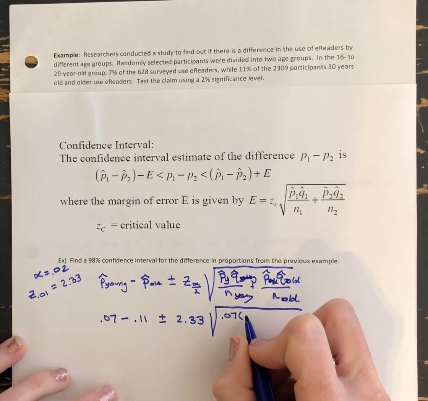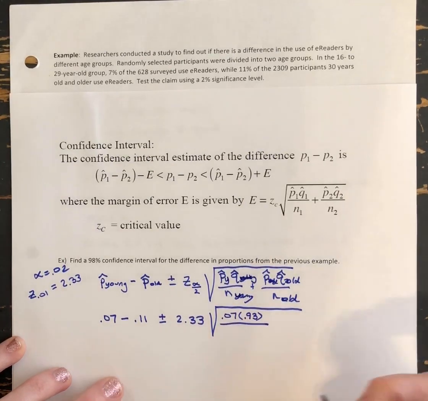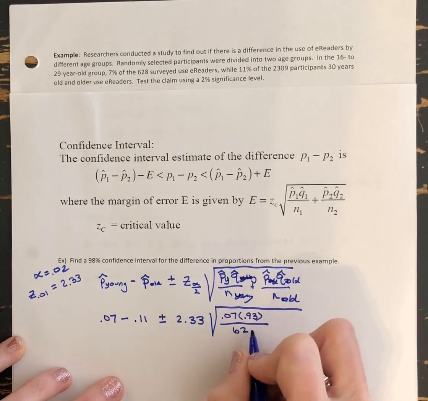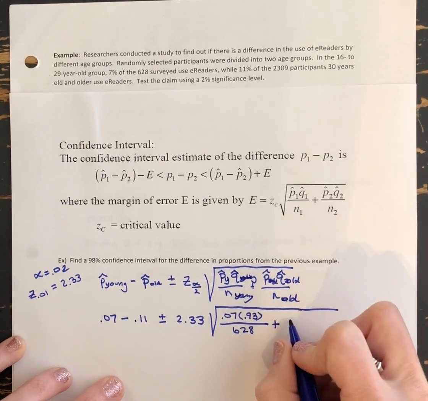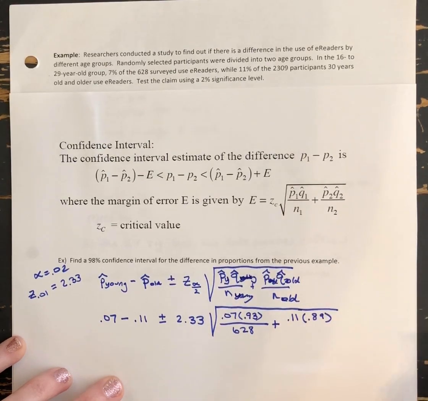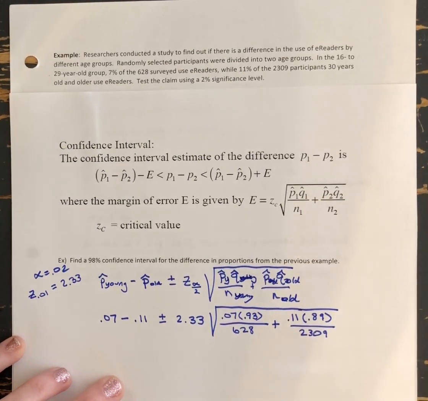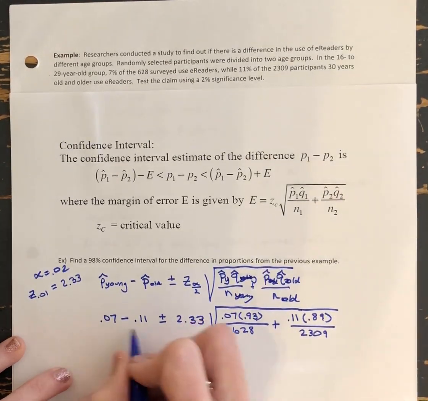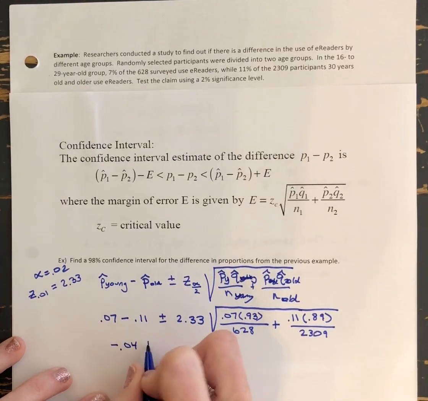And then Q is 1 minus P, so that's the other 93%. And there were 628 of those. And then for our older group, we had 11% that used the e-readers. That means that 89% did not. And there were 2,309 of those, okay? So this difference, 0.07 minus 0.11, gives us a negative 0.04.